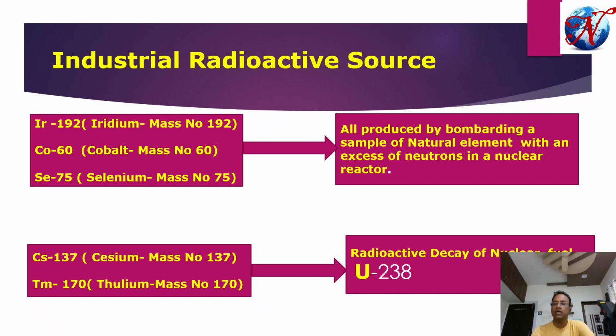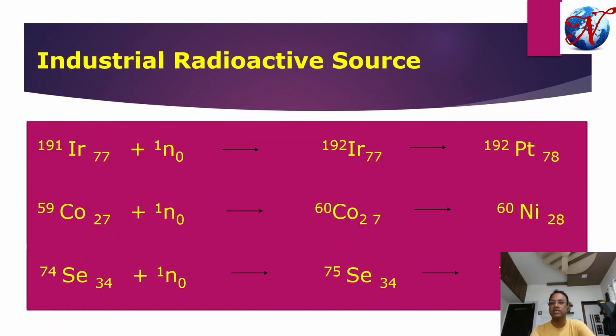The most usable radiation sources, used as radioisotopes, are iridium-192, cobalt-60, and selenium-75. All of these are produced in a nuclear reactor by the process of neutron bombardment.